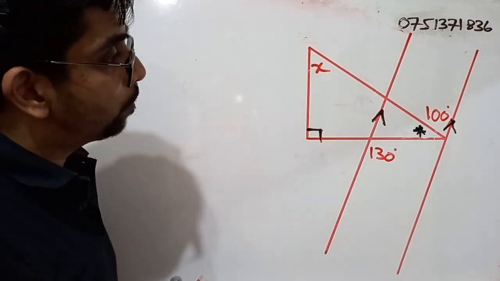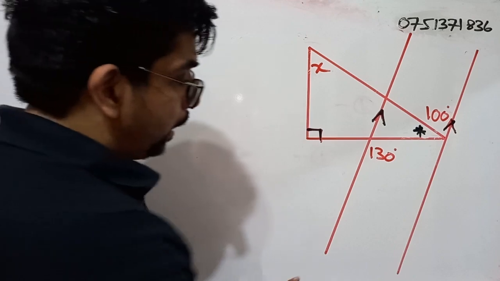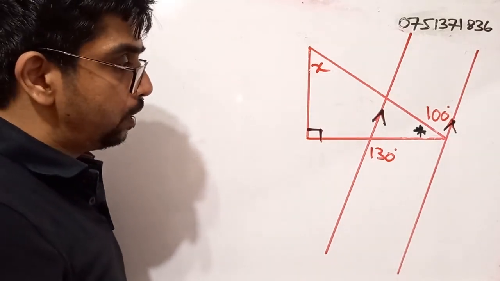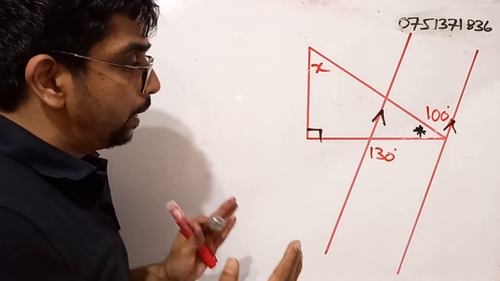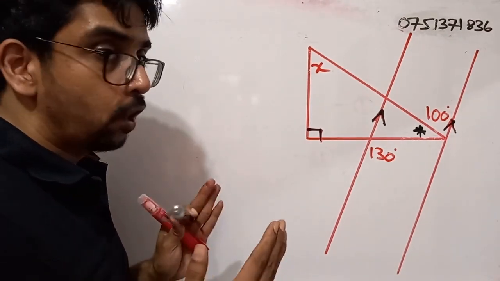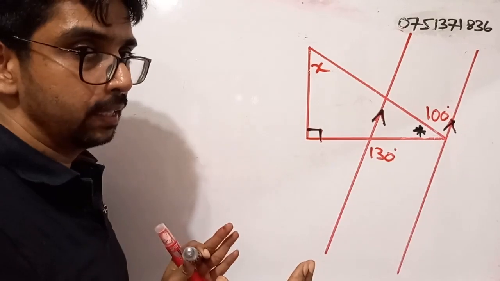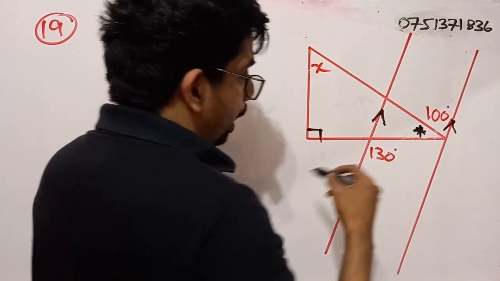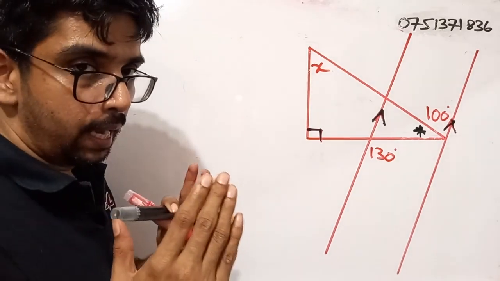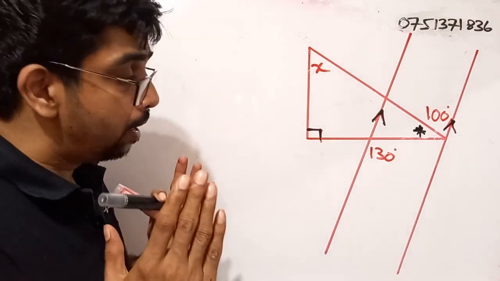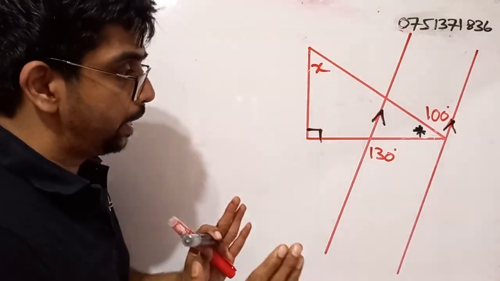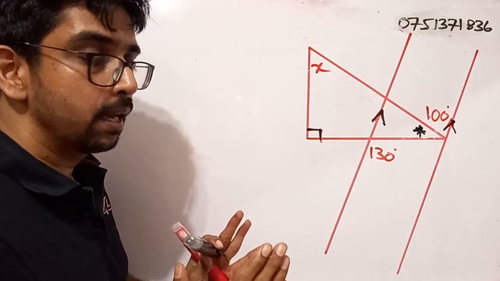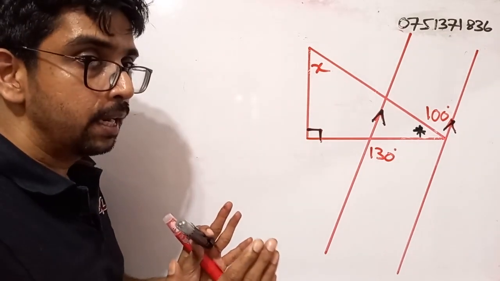Now if we observe the diagram, we can see two parallel straight lines. We know when there are parallel lines, we can observe allied angles. So when we talk about allied angles, when there are parallel straight lines, the sum of allied angles is what? 180.